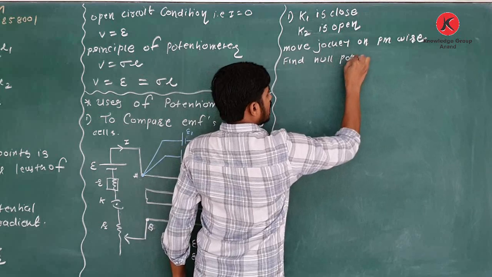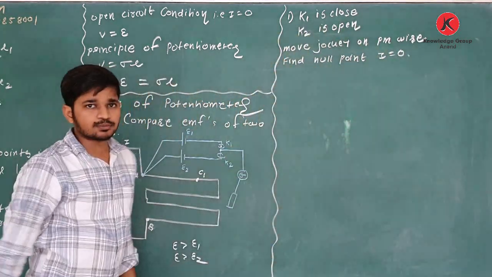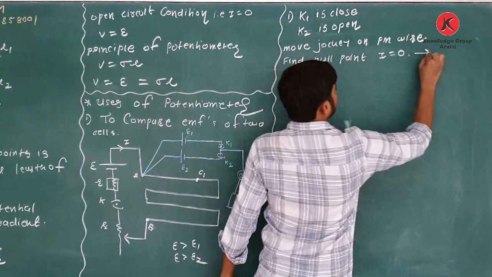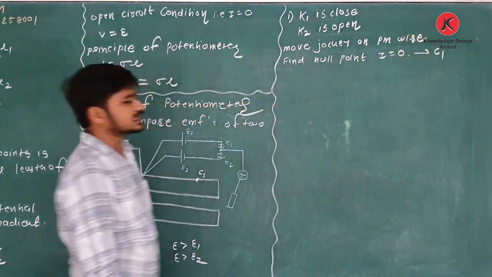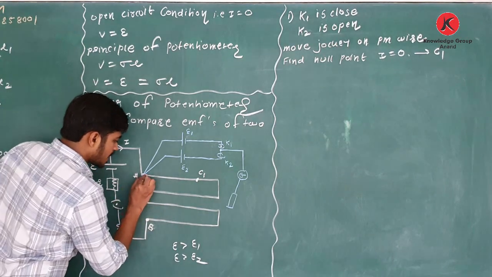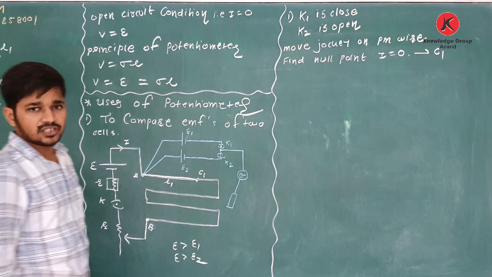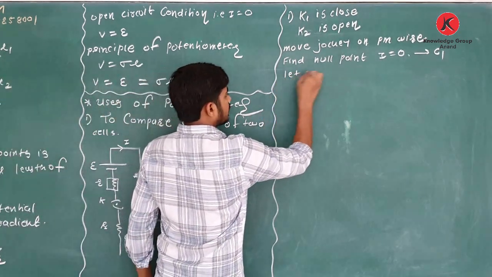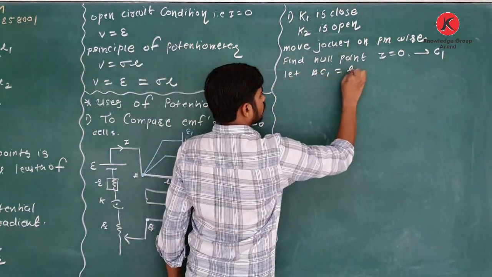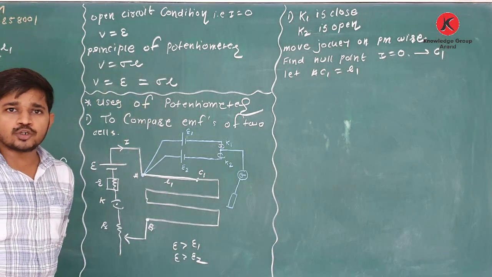Null point means where current I is equal to 0. Suppose at point C1 the current is 0, then you have to measure its length. Let AC1 be equal to L1. Clear about this? AC1 is equal to L1.